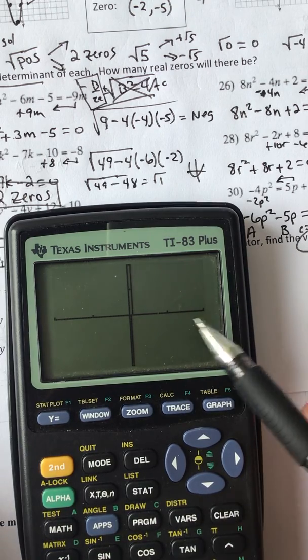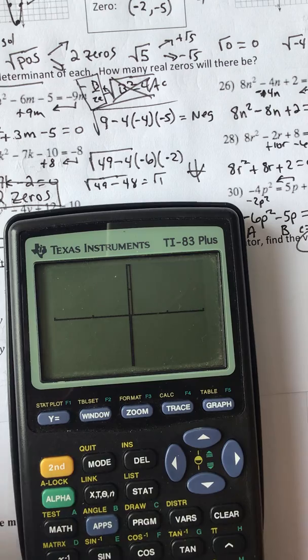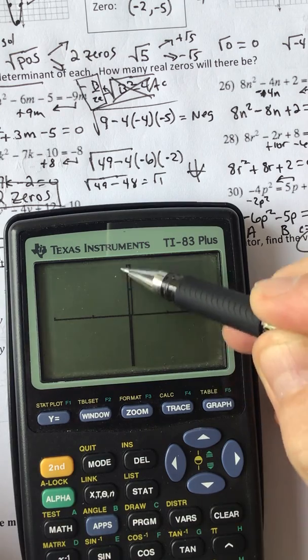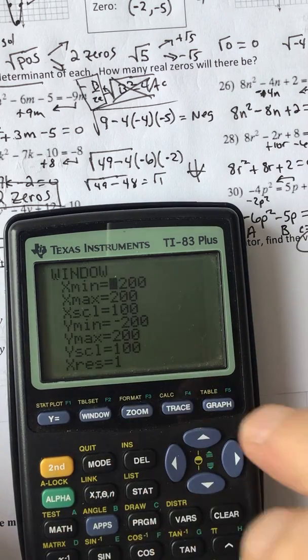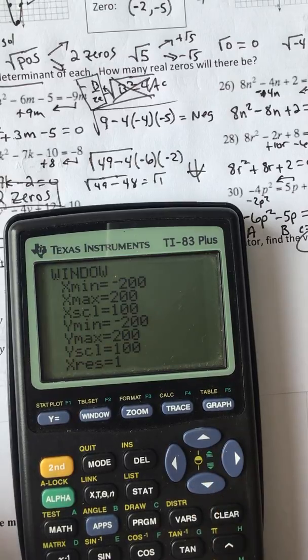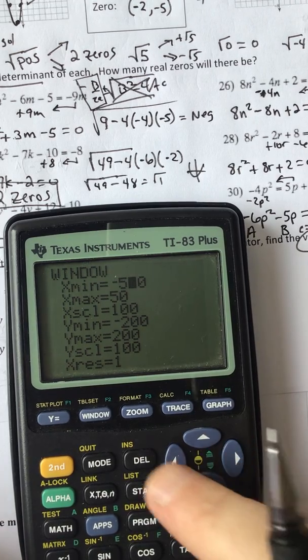See, now this is 100, 200. You know, maybe it's coming down and coming right back up really tight there. It might be too wide. I'm just going to go to 50.